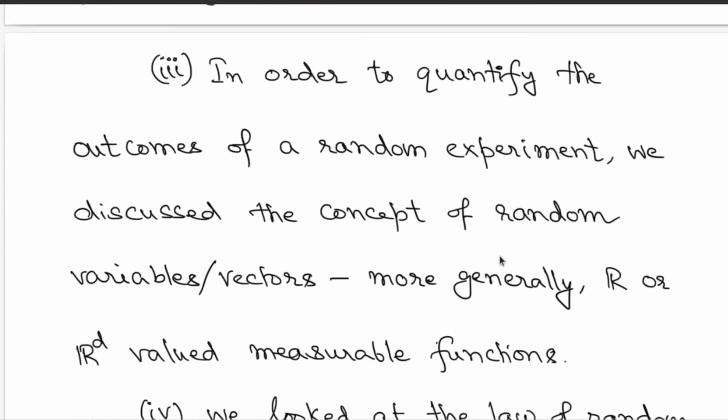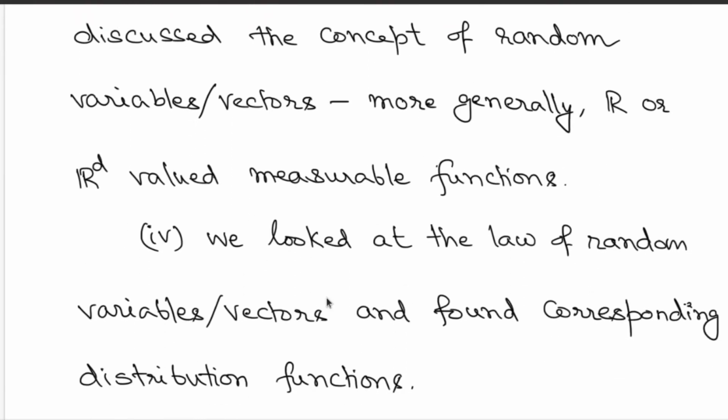Now, in order to quantify the outcomes of this given random experiment, we discussed the concept of random variables and vectors, and more generally these were formulated in terms of real valued or R^d valued measurable functions.